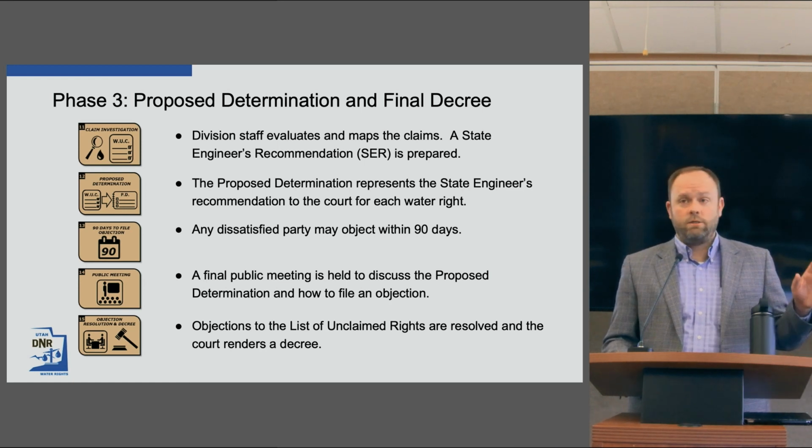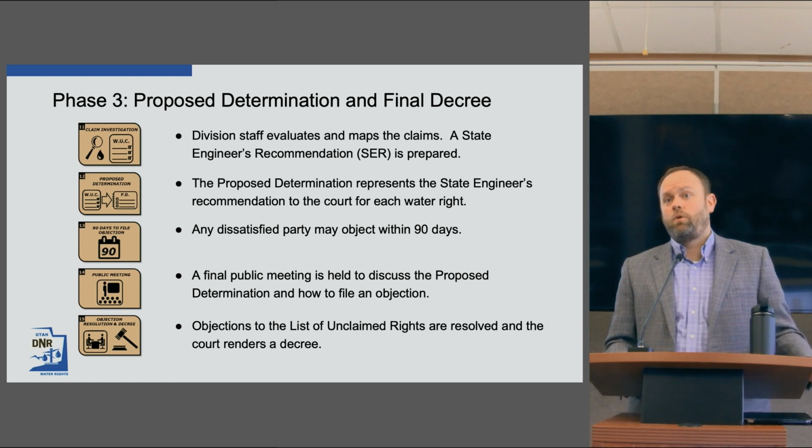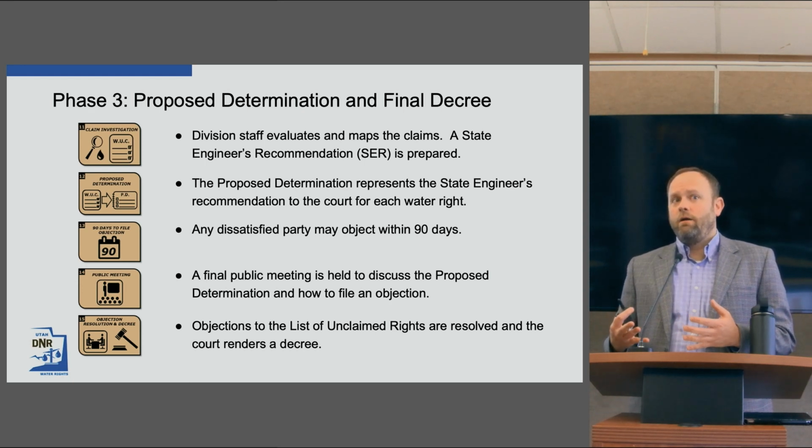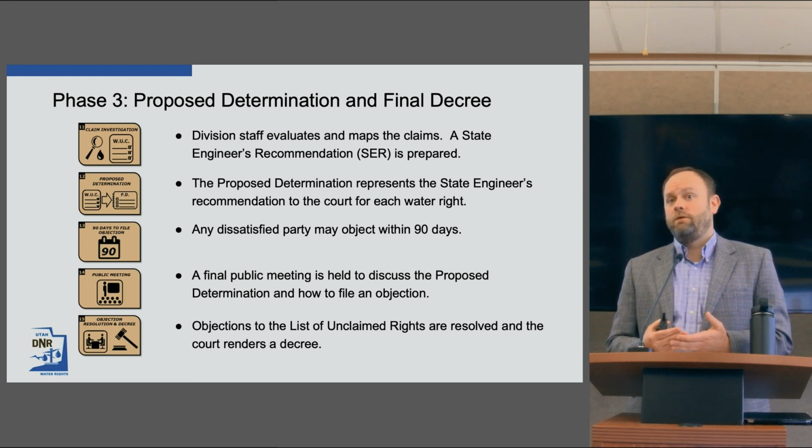So we would just distribute to who has the earliest priority first, and if the water runs out for the junior appropriators, then they wouldn't get water. But I hope you can see that in a lot of areas we don't have the information to be able to do that, at least prior to the adjudication. So the adjudication is the tool that permits us to do this. This is why the Sevier, the Weber, the Ogden were done early on, is we needed to have those tools to be able to manage those rivers.